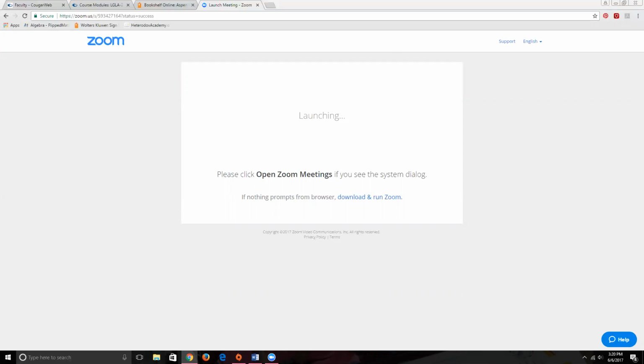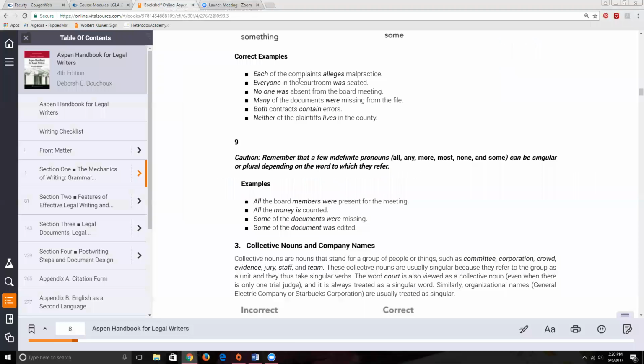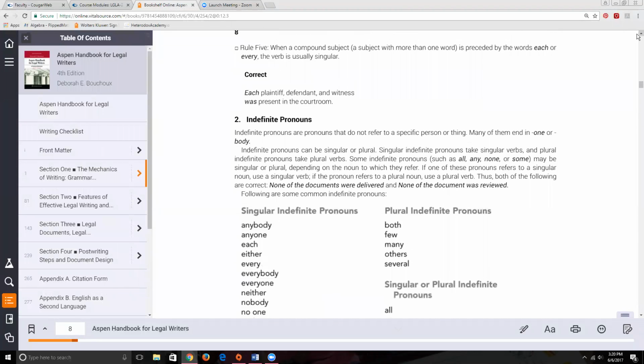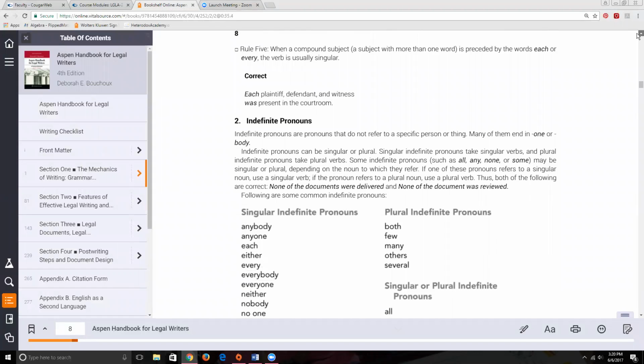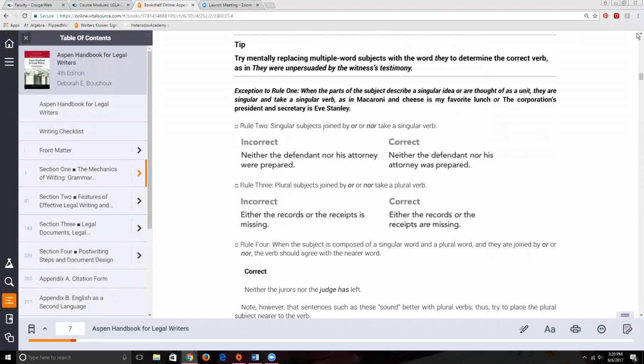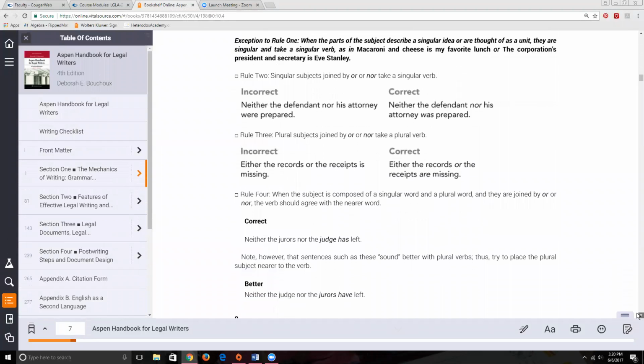So let's get started. Let me first of all show you the material that we'll be looking at in our Aspen Handbook. And we'll be looking at this material in two separate places. The indefinite pronoun section of the 4th edition, which has the red cover, is on page 8.